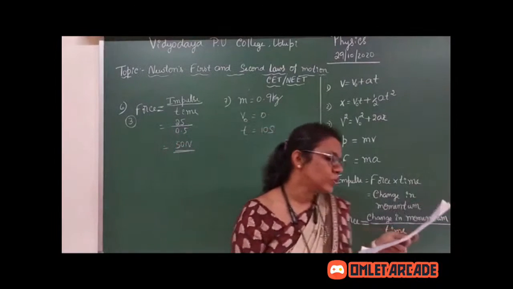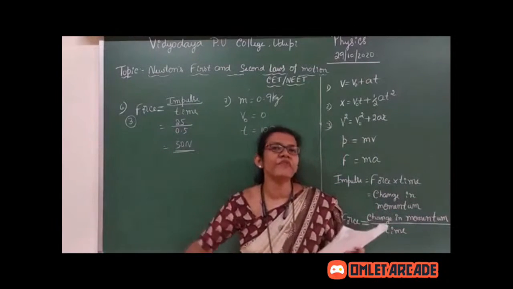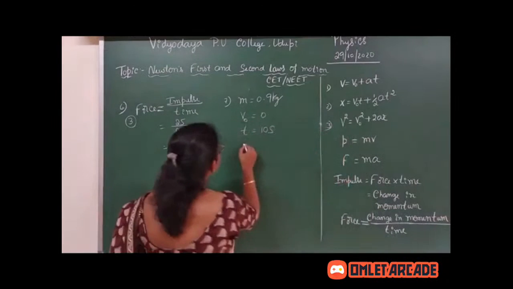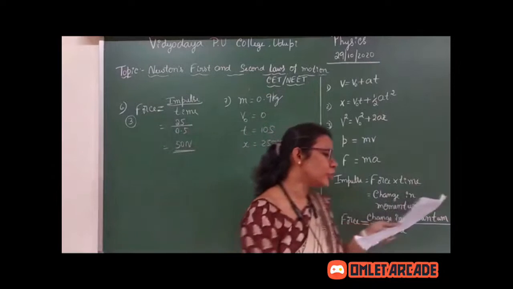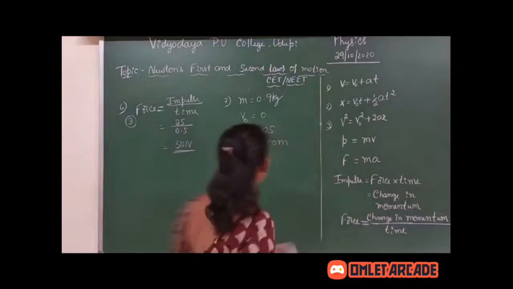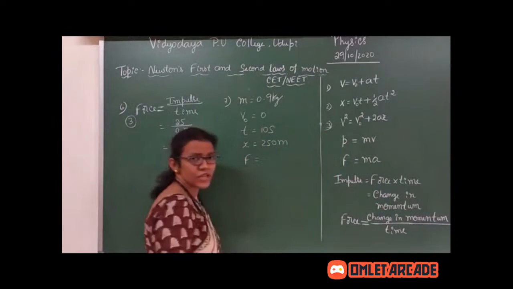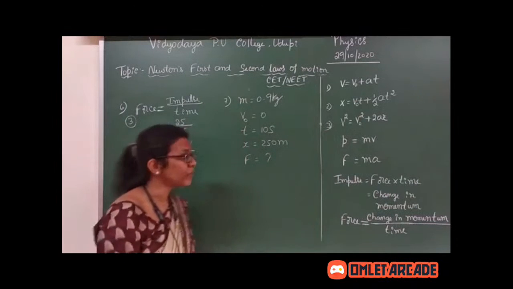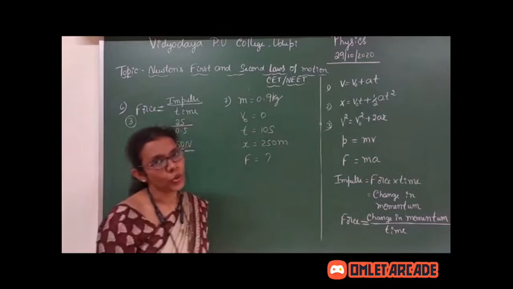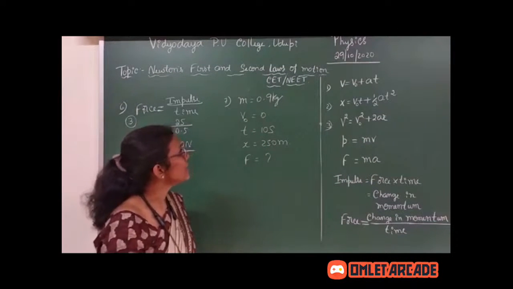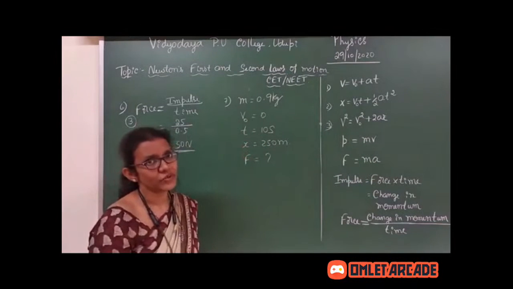If the body moves a distance of 250 meters, so x is 250 meters. We need to calculate the magnitude of force. Force is equal to m into a. But have they given a? No. To calculate a, which equation of kinematics can we use?